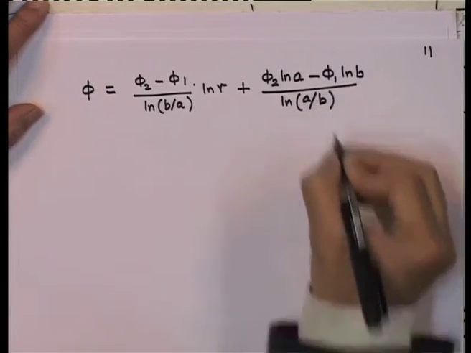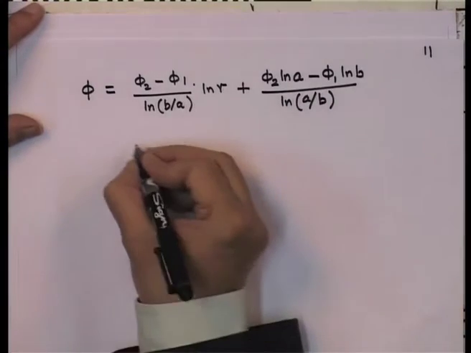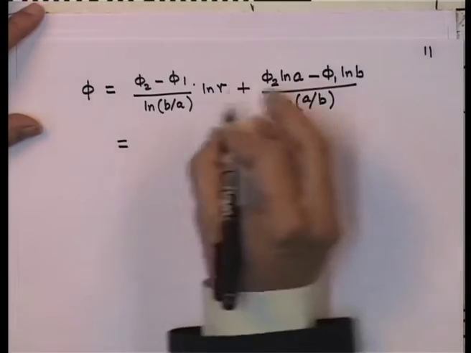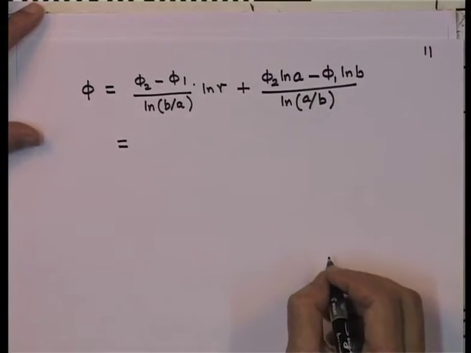Recall that log of a by b is the negative of log of b by a. So, therefore, you can write it in a little more compact way.